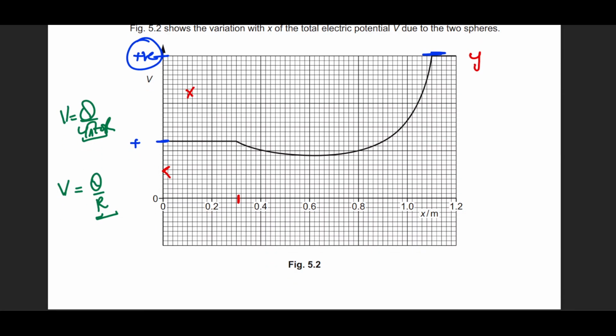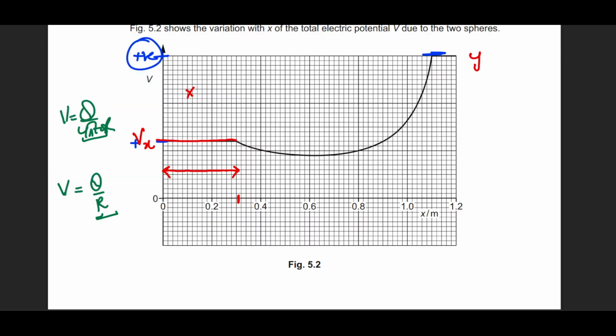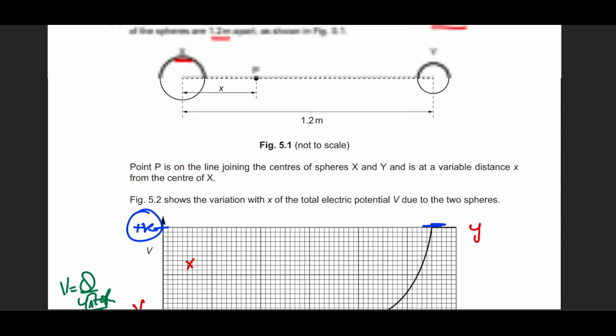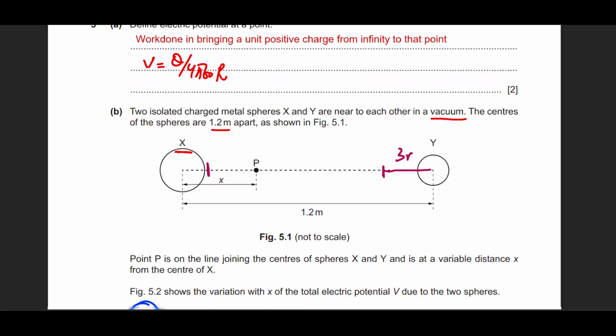If we consider the distance from the center of X up to this point, this is the potential. Let's call this Vx. And if we take the same distance from the center of Y, let's say we move from this point and we move 0.3 away at this location. So we are exactly at the same point. For X, we are at its surface, but for Y, we are exactly at this point, which is, of course, 3 times the radius of Y. We notice that the potential is exactly the same.